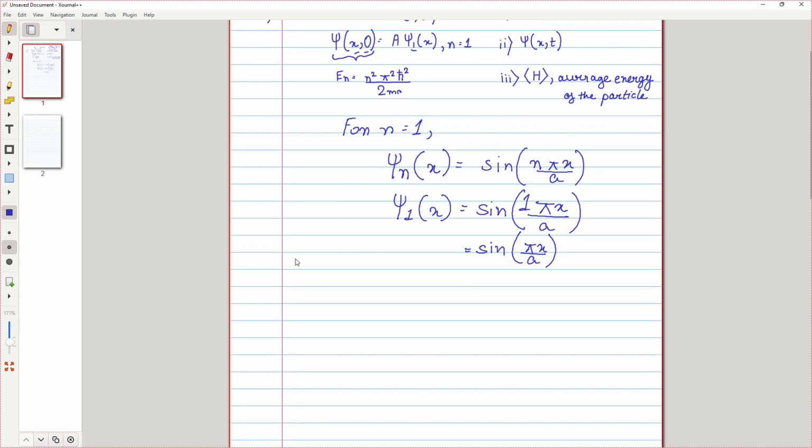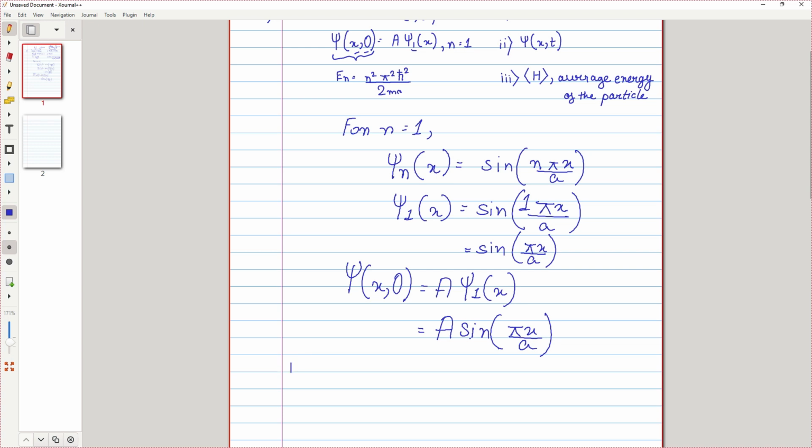Then we have the wave function for the infinite square well, which is given as A sine pi x by a. Here A is the amplitude constant. So we have to normalize this function.